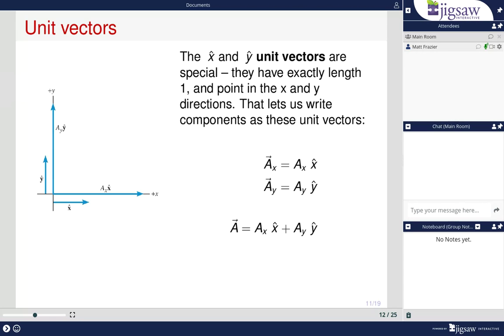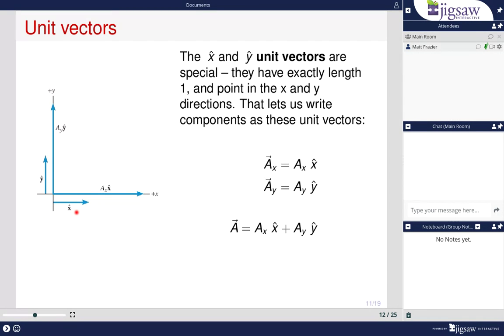The idea for the unit vector is we've identified these so that everyone will understand what they are. We have special arrows, special units that go only in the x direction or only in the y direction, and they are exactly 1 unit long. This could be 1 meter or 1 kilometer, or these could be velocities, a meter per second or a centimeter per second.